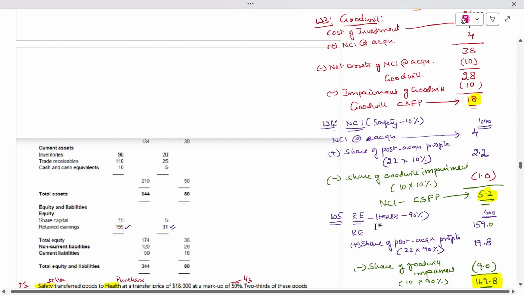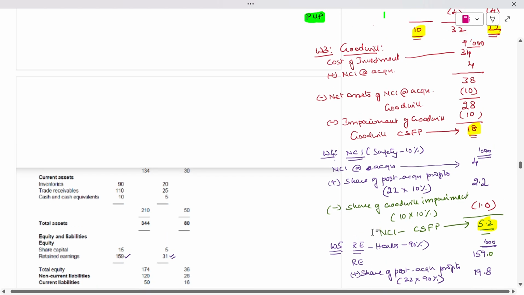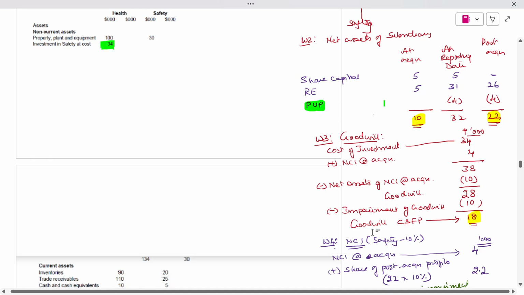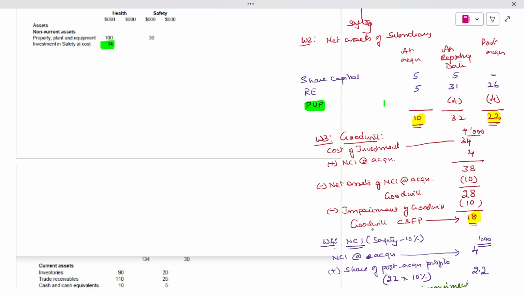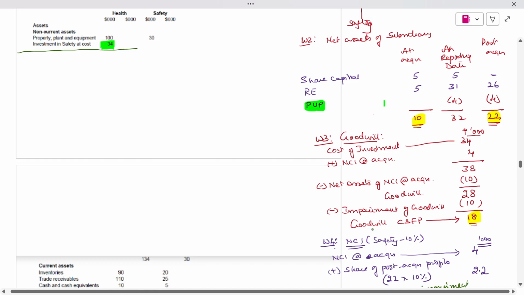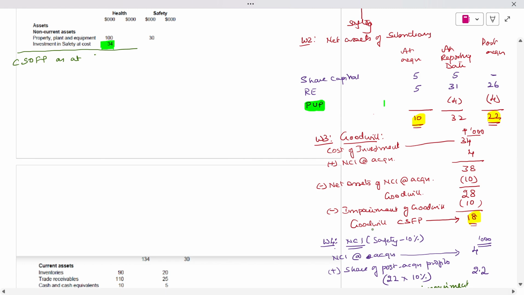Yes. Okay, I will ask you to work it out in a very quick manner. Here we will do the consolidated statement of financial position as at 31st December 2003.